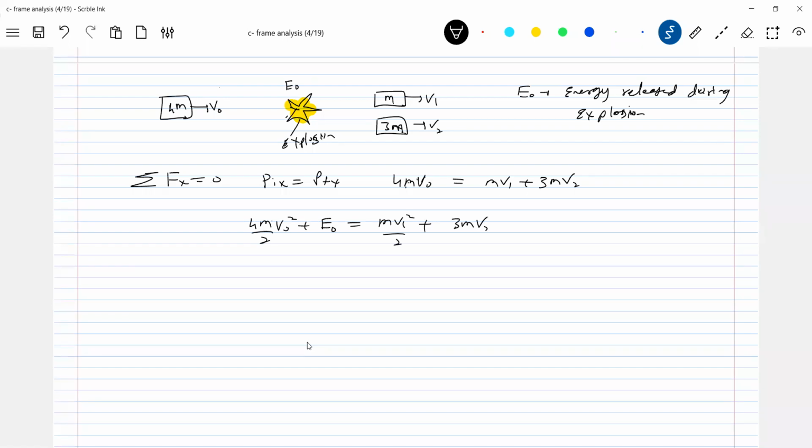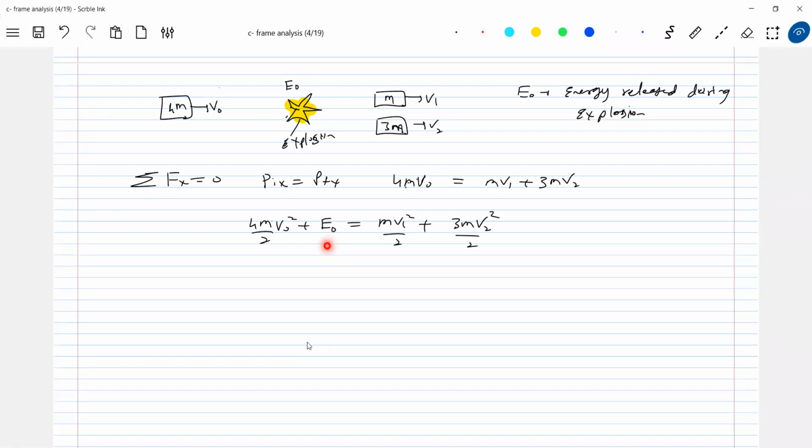Now there are two things. Energy released during explosion: if 1/4 of energy is utilized to impart kinetic energy, the remaining 3/4 converts into sound. In that case, what are you going to write? Or half of the energy released is converted into sound, and the remaining half is utilized to impart kinetic energy. So it can happen, no?